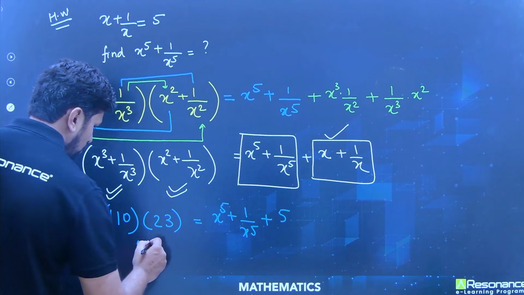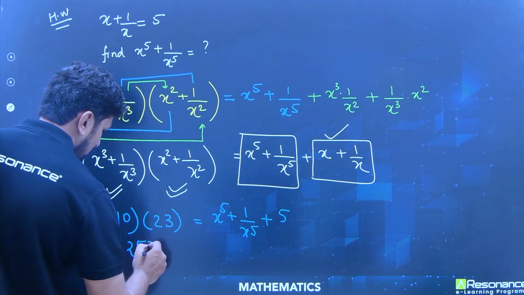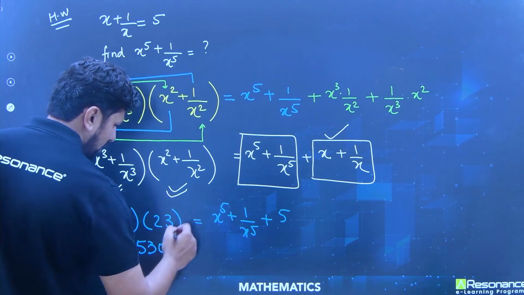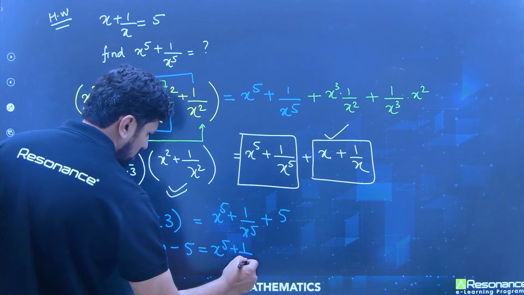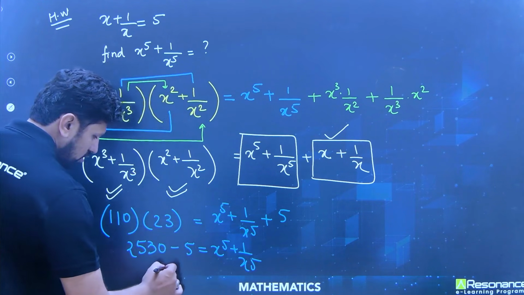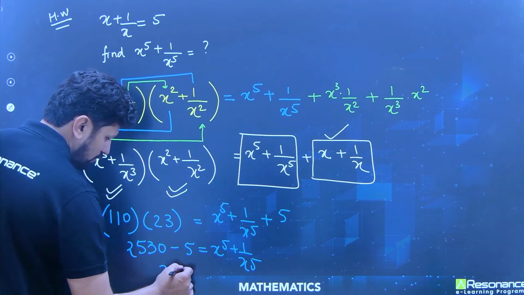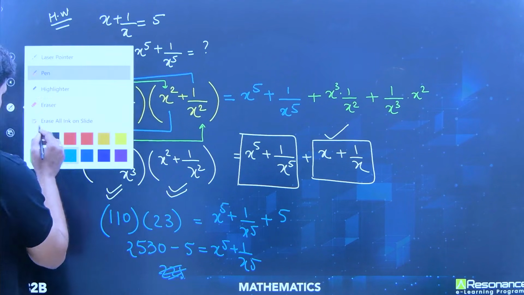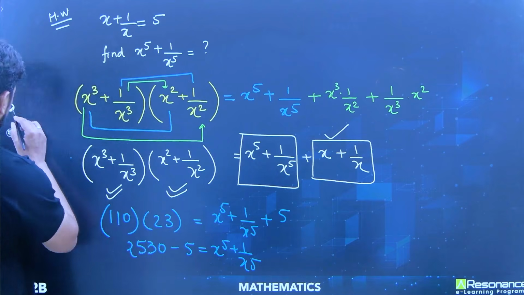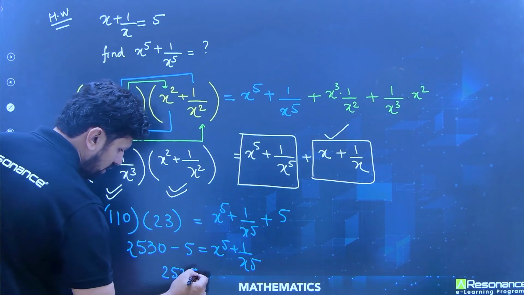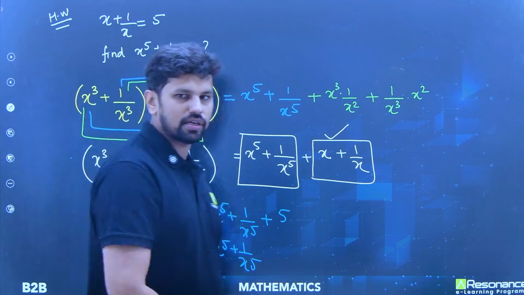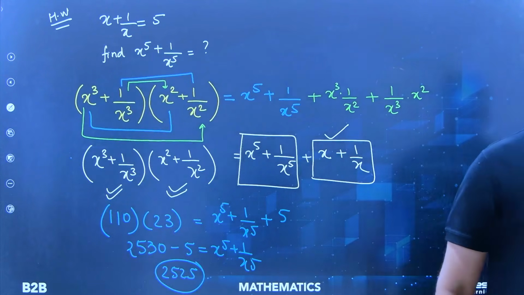We will get 2530 and 5 here, minus 5, equal to x to the power 5 plus 1 upon x to the power 5. So we will get 2525. This will be our answer. Very good.